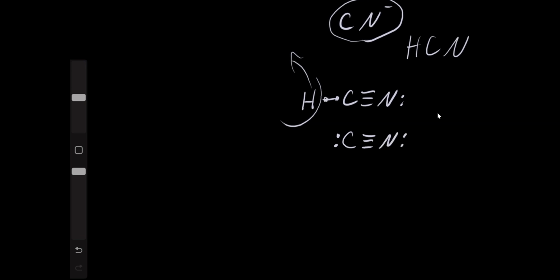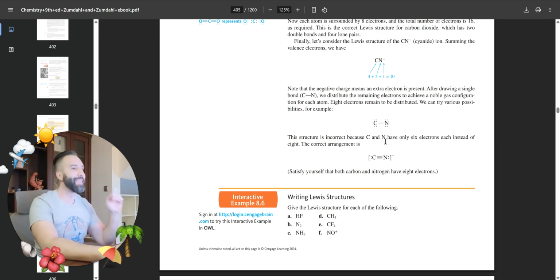Now, this is not a very stable element. And you can see, since now, carbon, technically speaking, has 8 electrons: 1, 2, 3, 4, 5, 6, 7, 8. Right? And nitrogen has 1, 2, 3, 4, 5, 6, 7, 8. It's all happy and nice, but where is the minus?